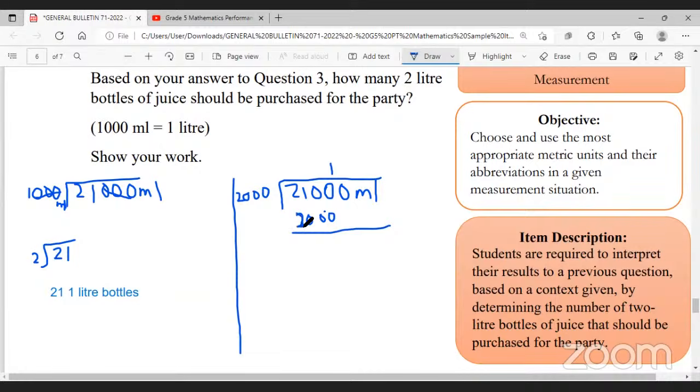Just fix up my 2 here. 0 from 0, 0. 0 from 0, 0. 0 from 1 gives us back the 1. And I don't want to put a 0 in front here, so I'm just going to put a dot, because 2 from 2 will give me 0, but I'll put a dot there to show me that it's 0, not to confuse me. And then I'll bring down my 0 here.